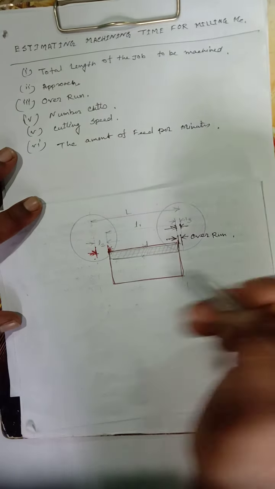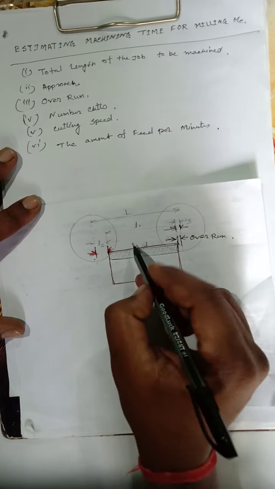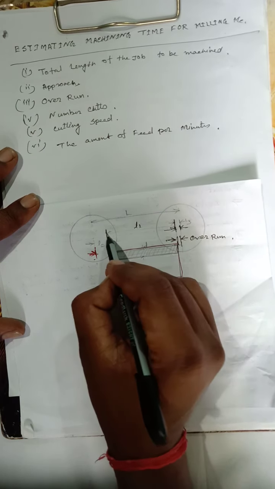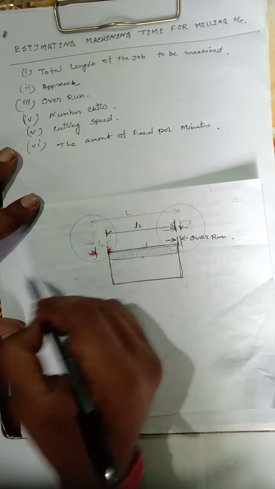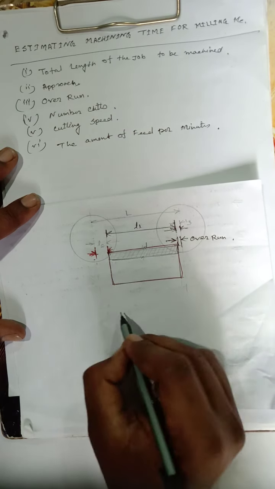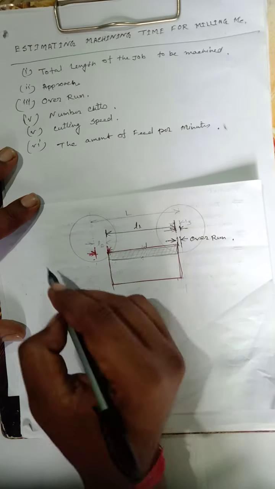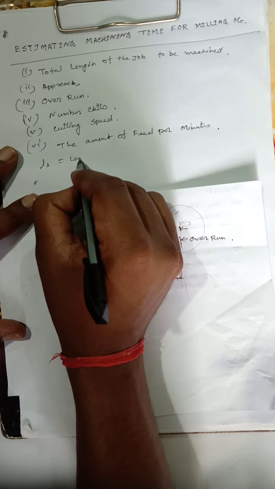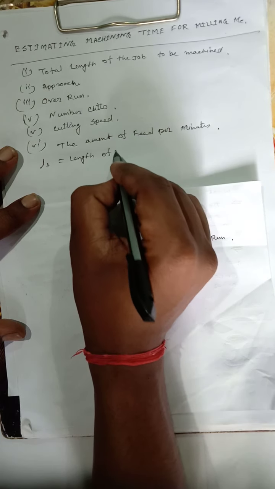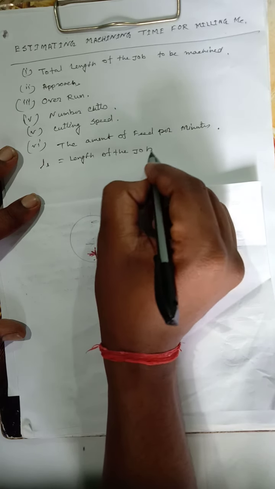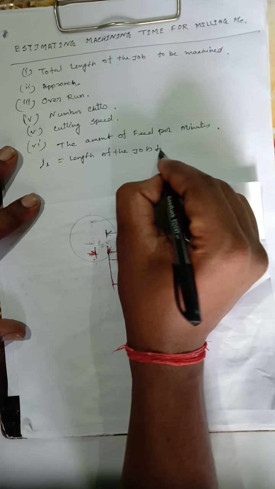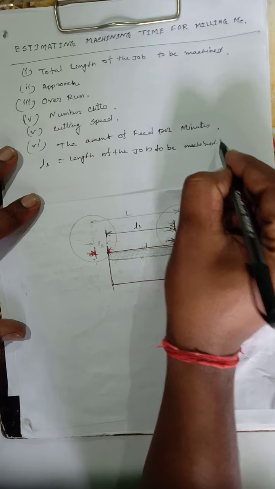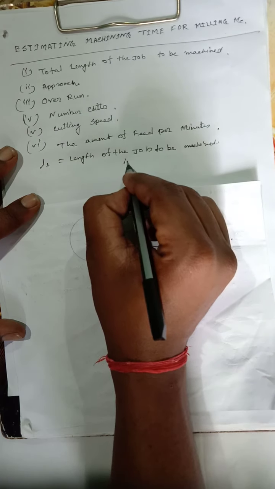There, L1 is the length of the job. So we write L1 is equal to the length of the job to be machined, in millimeter.